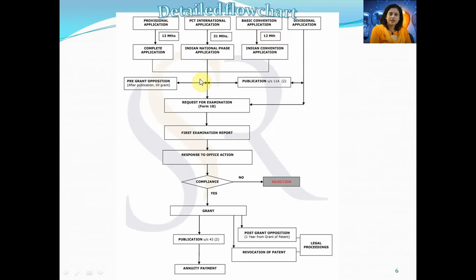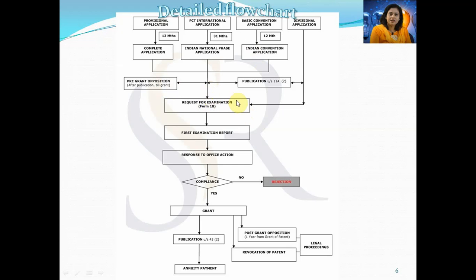Then after that, it goes to pre-grant opposition. This means before grant, if any party suggests that the claims you have given already exist, then that is called pre-grant opposition. You have to face the pre-grant opposition and then you can request for examination.